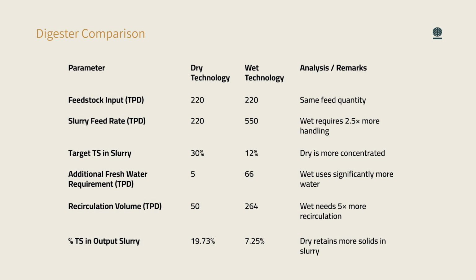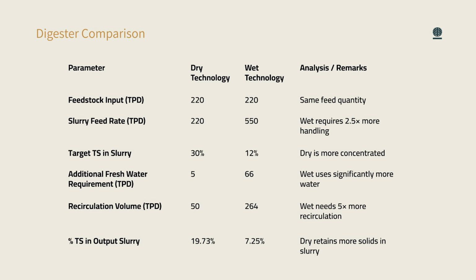For a 90 TPD plant, you still require approximately 220 tons of feed, and the main difference you see is the slurry, and the recirculation volume is very high in wet technology, where almost 264 tons is required for recirculation. Also, 66 tons of fresh water is required in the wet digester.